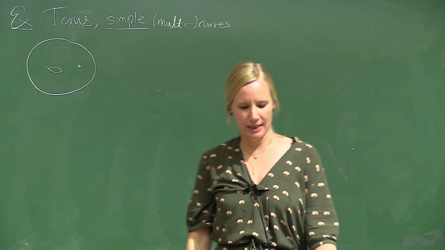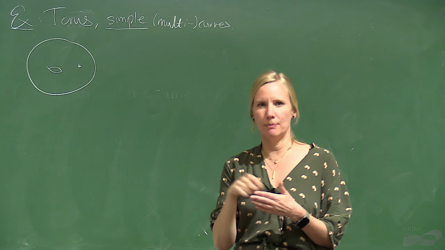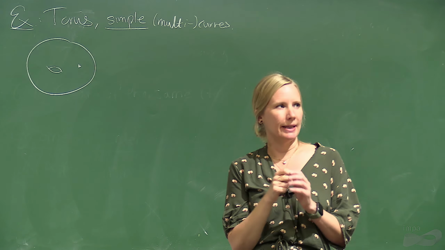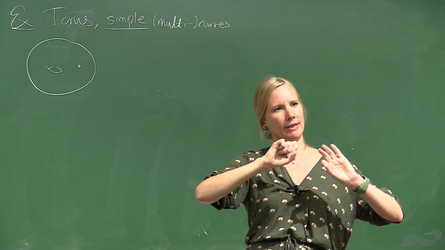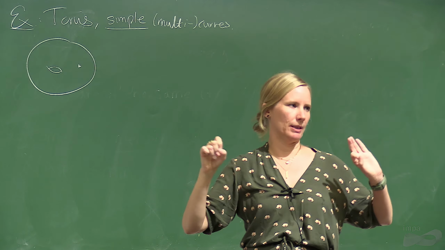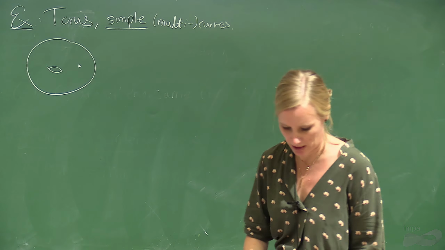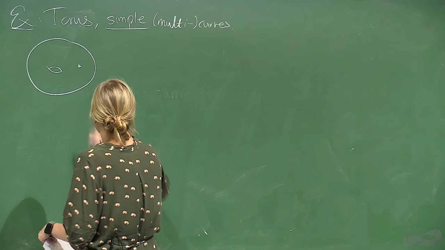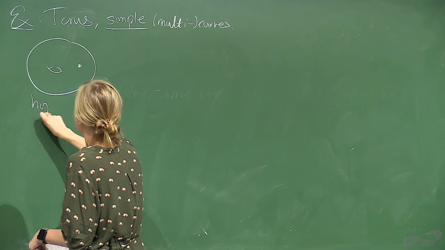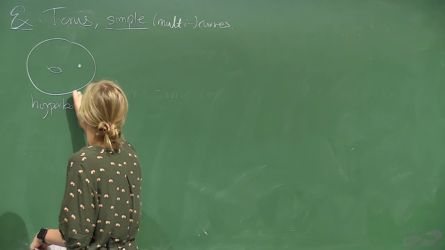In this case, a simple multi-curve will just be a simple curve, possibly with a weight. In general, a simple multi-curve would be where each component of the multi-curve is simple and there's no intersection between them, so that they're disjoint. But it won't come up now. So we put the hyperbolic metric on it.